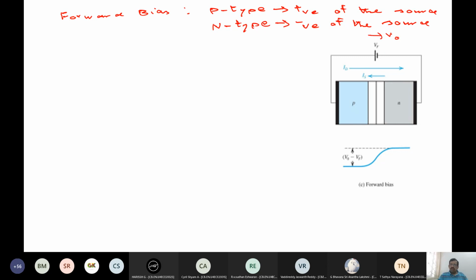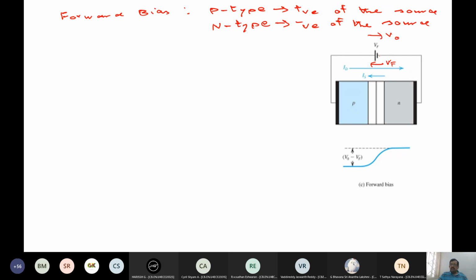There we are moving from a lower potential to a higher potential, but here lower to higher potential is in the opposite direction. So this is my forward bias. The built-in potential and the direction of the forward potential are in opposite directions, therefore causing the barrier to decrease with the application of the forward potential.